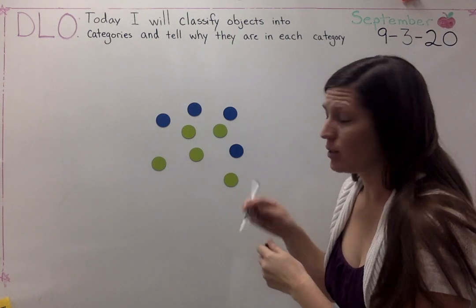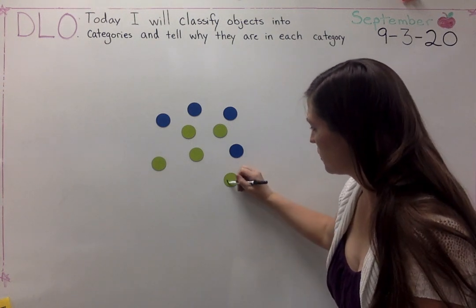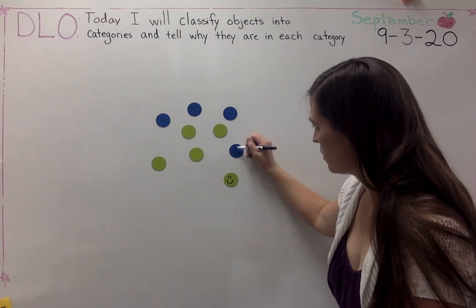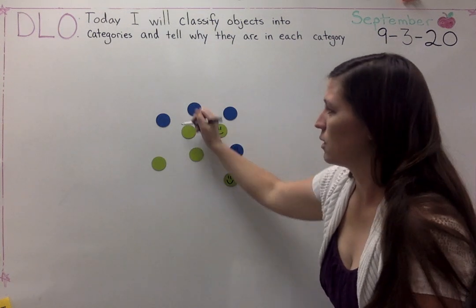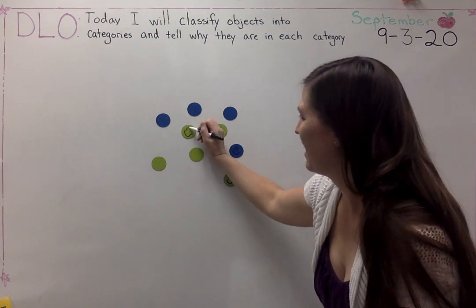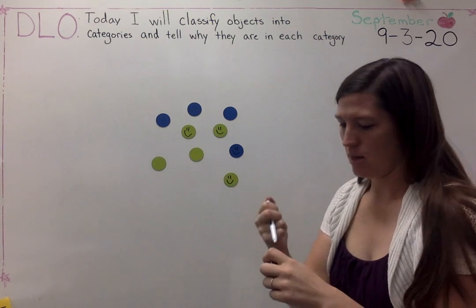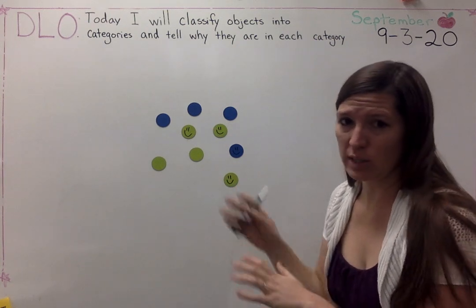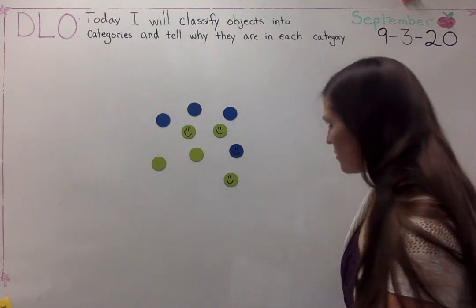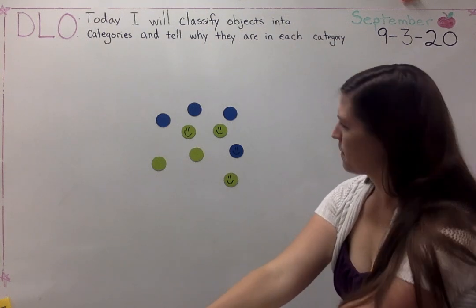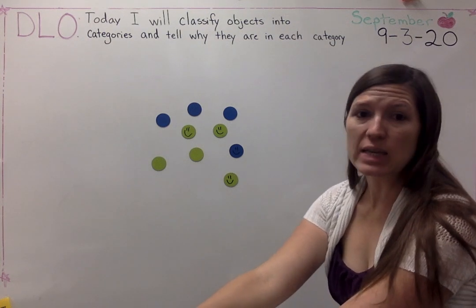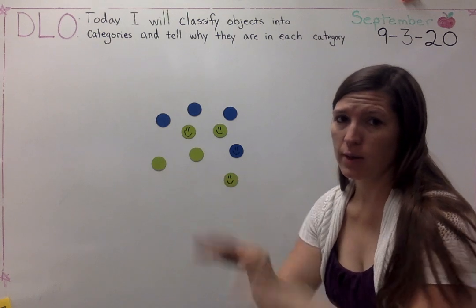I'm just going to show you a couple different things. Okay, there's a couple different ways I can sort these into categories. Right away, I see the really easy way I can sort them into a category.